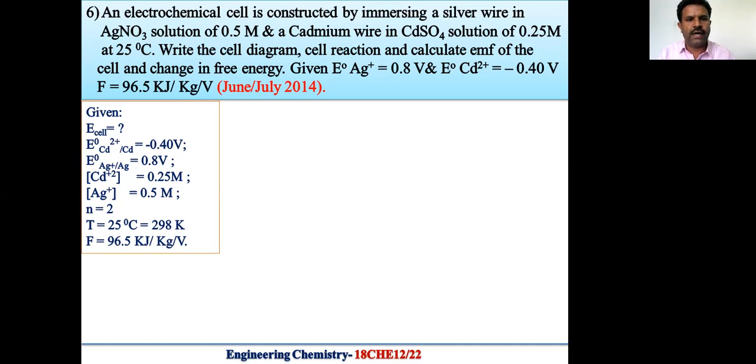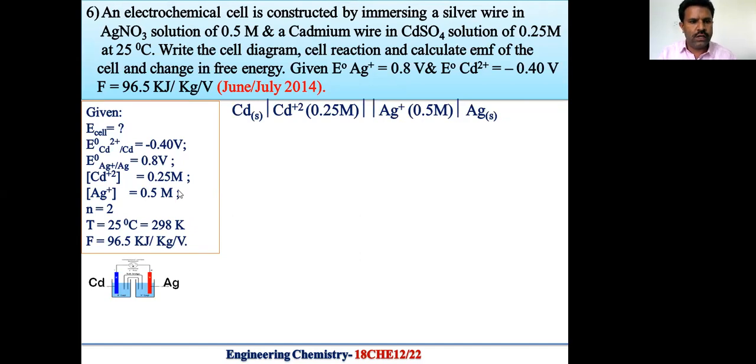Then write the cell diagram, cell reaction, and calculate the EMF of the cell and the change in free energy. The given standard electrode potential of Ag is 0.8 volt and of cadmium is -0.40 volt, and the given Faraday's constant is 96.5 kilojoules per volt. So these are the given values we have listed.